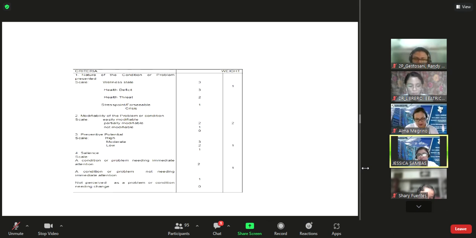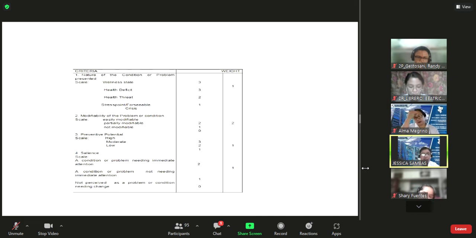Kahit na magawaan natin ang interventions ngayon, but then, the problem existed for quite some time. Grabe naka-expose ng mga family members sa second-hand smoke. Okay? Or pwede sabihin nyo, ma'am, low lang po talaga ang preventive potential nito. So, ang scoring po natin, 3, 2, 1. Ang weight po is 1. Now, for salience, so sabi ko kanina, if they see the condition or problem needing immediate attention, we give a score of 2.